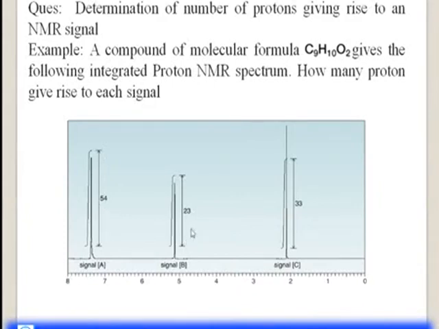This is 54, 23, 33 for each signal. This is the question: determine the number of protons giving rise to each NMR signal. A molecular formula, here you can see C9H10O2, gives the following integrated proton NMR. So how can we calculate the number of protons for each signal?